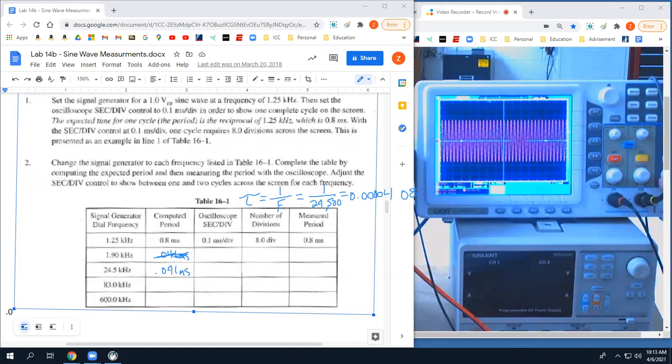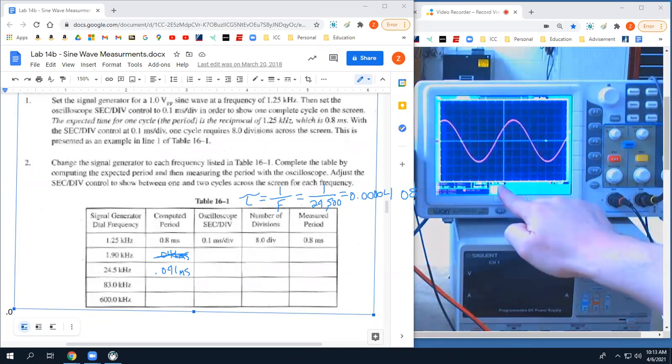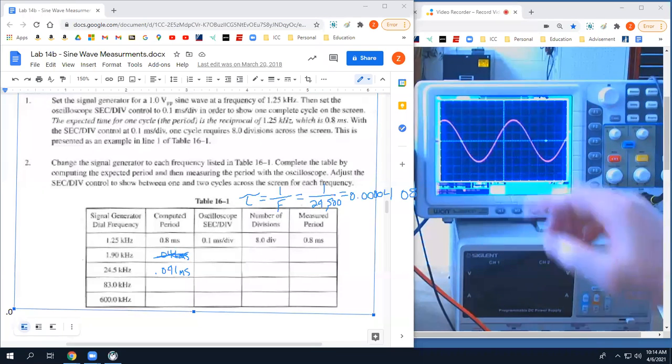I'm going to change the seconds per division until I've got one good full cycle in there. I happen to be on 5 microseconds per division.